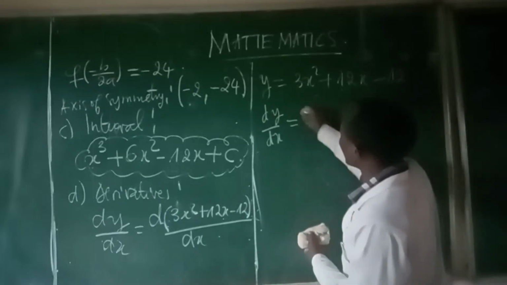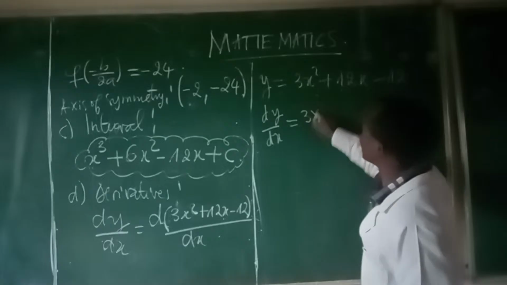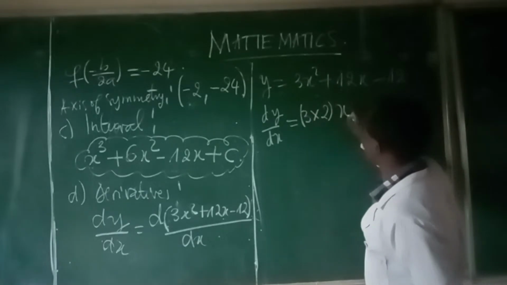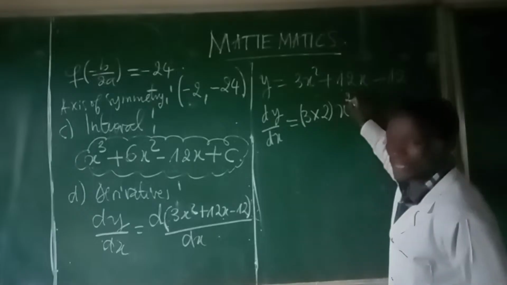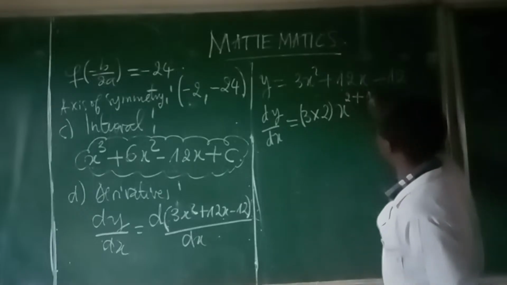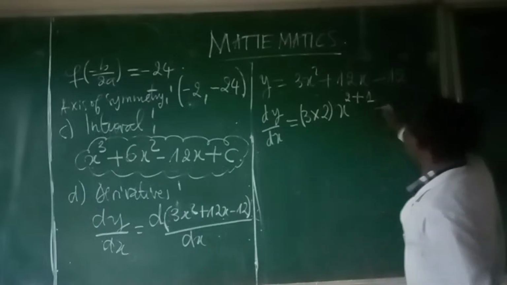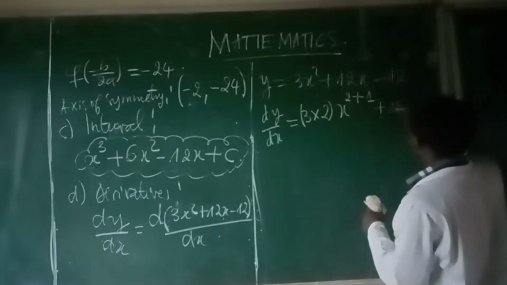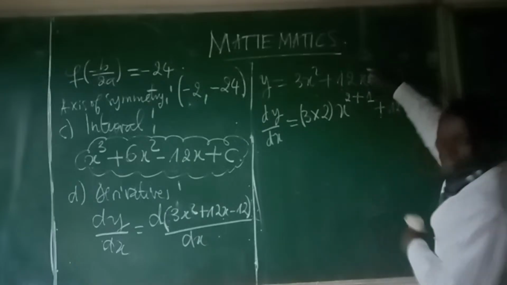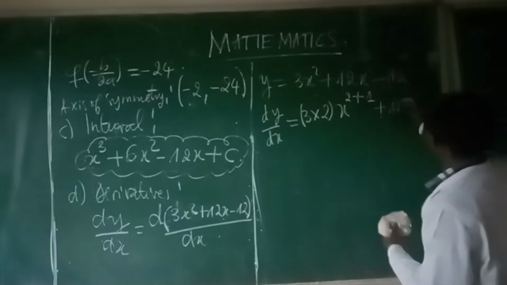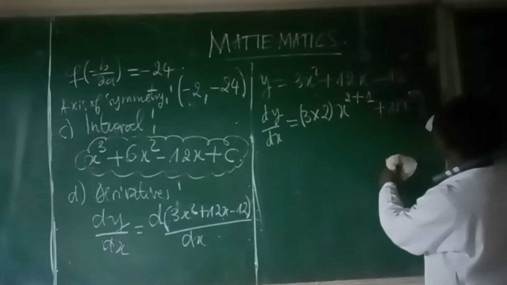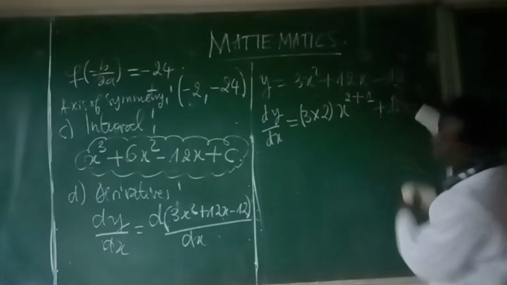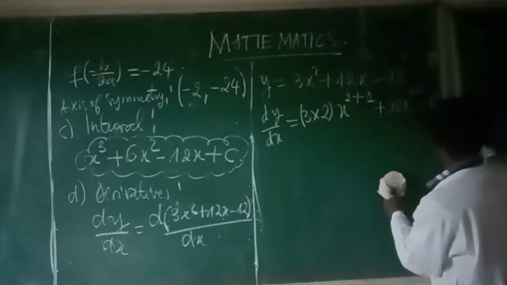It is 3 times, here n is equal to 2, right? Times x power 2 minus 1, right? Plus 12 times 1, we remain with the 1, times x power 1 minus 1, minus the derivative of a constant is equal to 0.